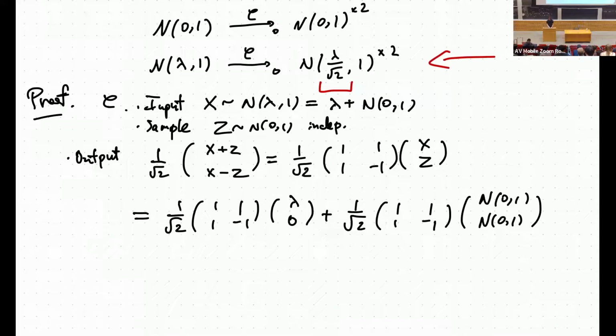All right, so if we look at the first term, then this is exactly lambda over root 2, lambda over root 2. And what is the second term? Right, we have a 2-dimensional isotropic Gaussian.